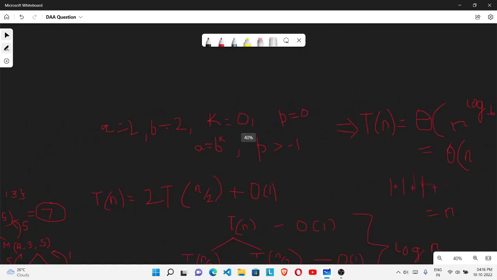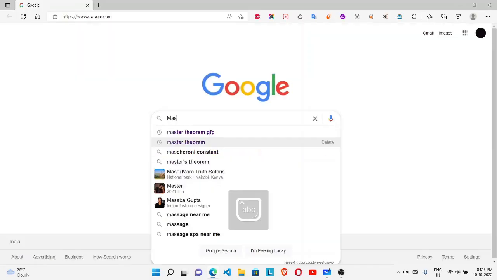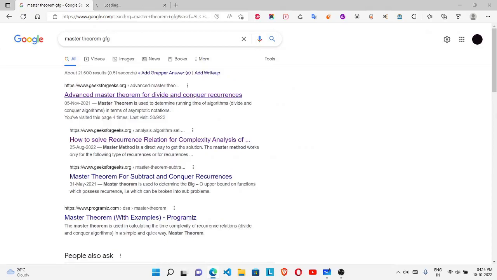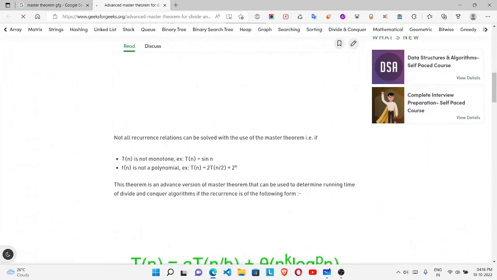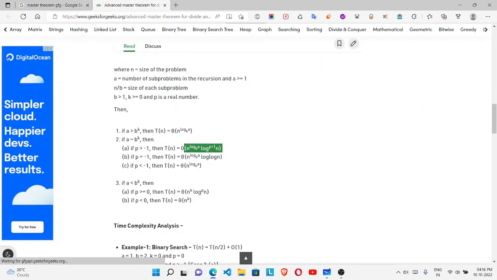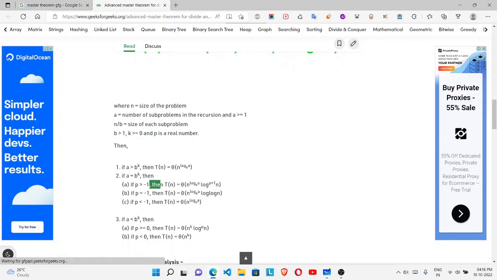p plus 1 of n. Wait, I think I might have written the master theorem wrong. Wait, master theorem. I'll just check it online quickly. Okay, now I wrote it correctly.